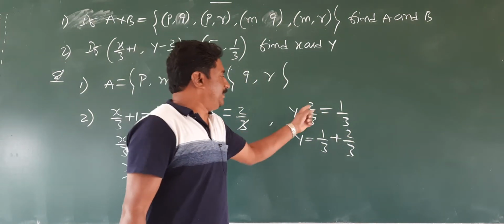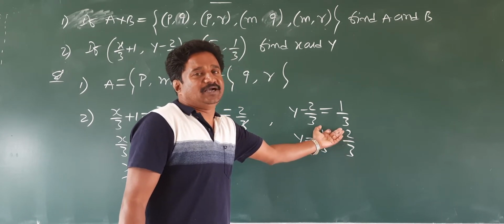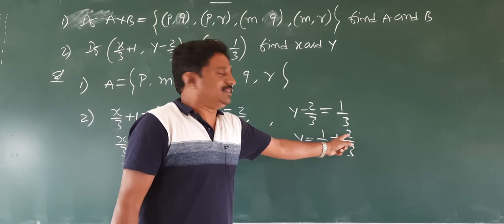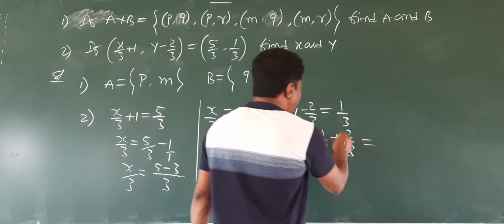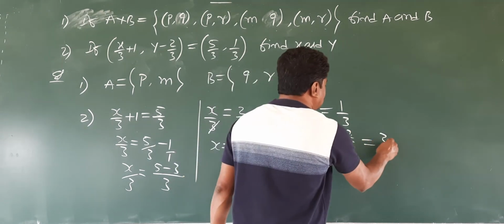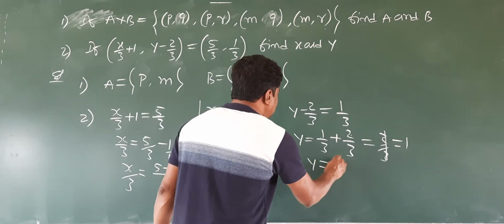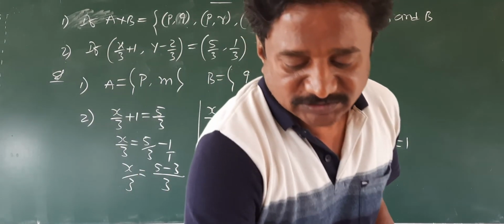Same denominators, add the numerators as they are. So it is 1 plus 2, 3 by 3. It cancels to 1. So y is equal to 1. We got x value and y value. So right.